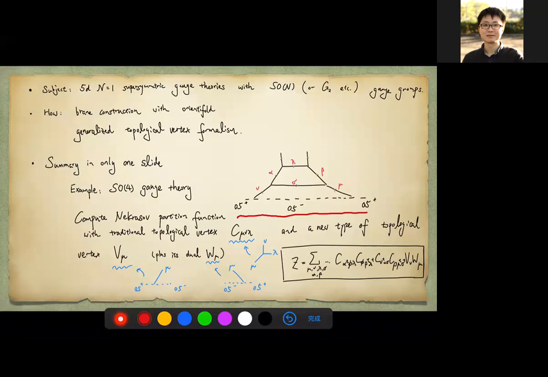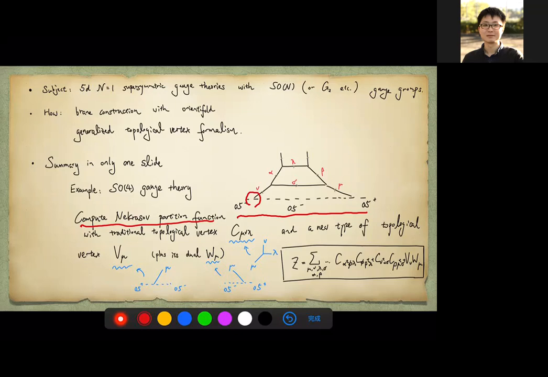The topological vertex is a tool that allows us to compute the Nekrasov partition function from this kind of brane diagram. And because we have an orientifold in the brane web, we have this kind of intersection point between the 5-brane and the orientifold.